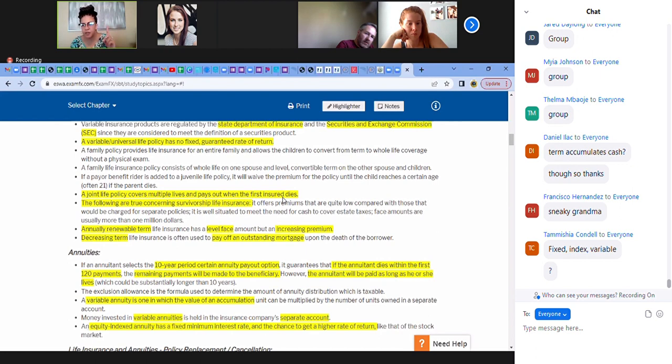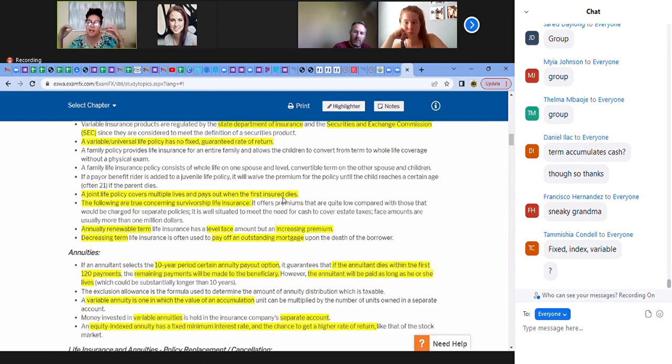Let's say I'm married and my husband and I don't have kids or anyone we want to leave money to, but we live on each other's income. If something happened to one of us, the other person would not be able to continue the same life. So we don't need to leave money if something happens to both of us. We only need money if something happens to one of us.